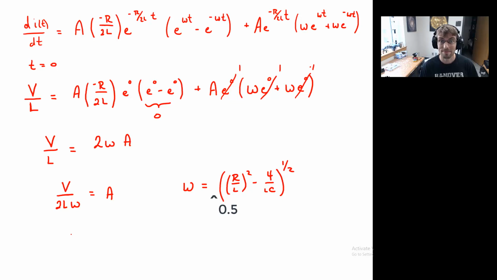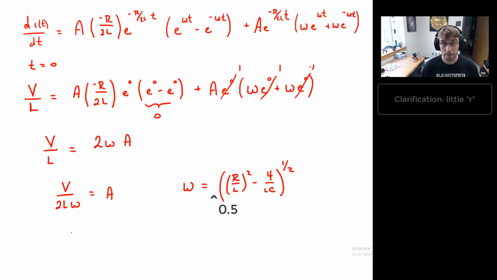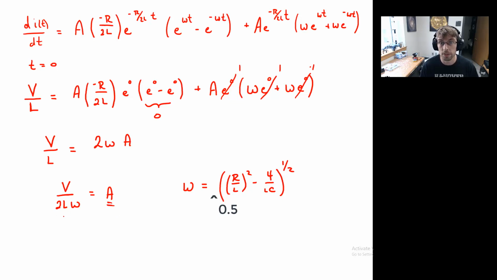Cool. So not only does the solution, that R, depend on the resistance, the inductance, and the capacitance, but our amplitude A is also dictated by the resistance, the inductance, and the capacitance. So what do we have at the end of the day?